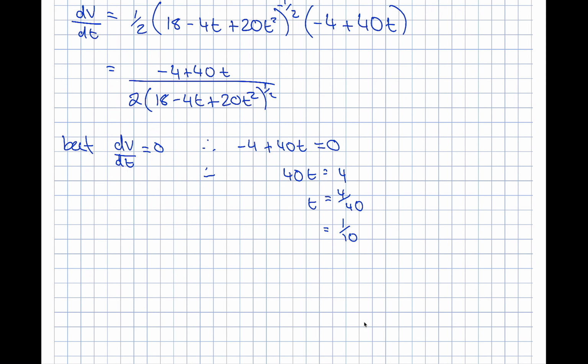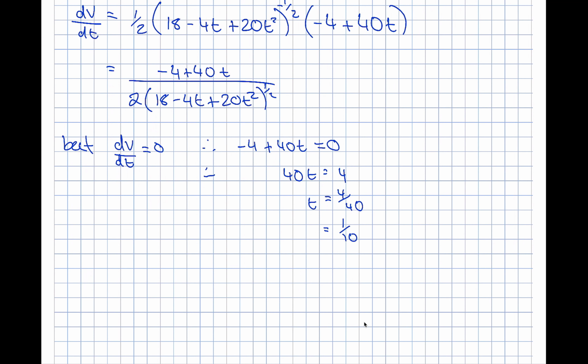What that tells us is that within that time frame, between 0 and t equals 3, you're only going to get a maximum or a minimum. We can think about which one that's going to be in a second, but you're only going to get a maximum value or a minimum value. The other one is going to have to be one of the two extreme ends. Okay, if whatever the speed was at time equals 0, or whatever the speed was at time equals 3.